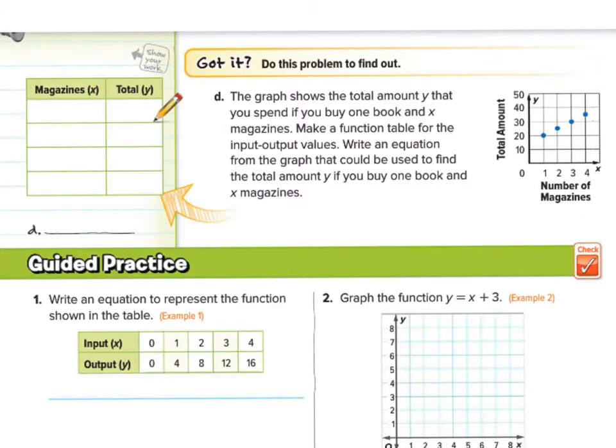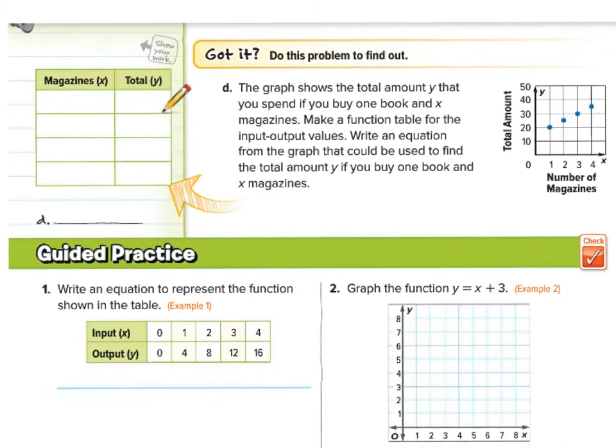Here's our last example before our guided practice. Okay, let's read it. The graph shows the total amount y that you spend if you buy 1 book. Magazines are being represented by x, whatever we choose, and then we have the total amount that we have to pay.